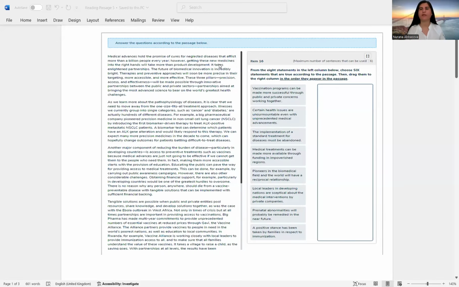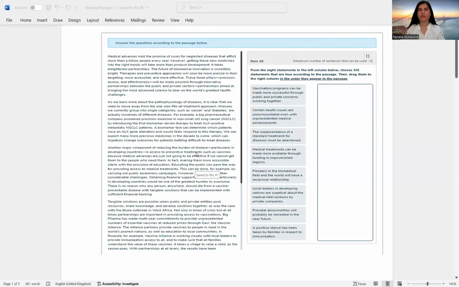Yeah, it should be text 5. So you have some paragraphs on the left-hand side, and on the right-hand side you have some extracts, or we can say statements. Each extract is taken from different paragraphs.